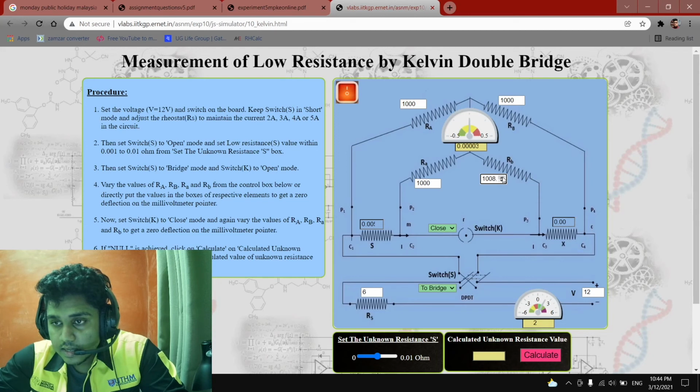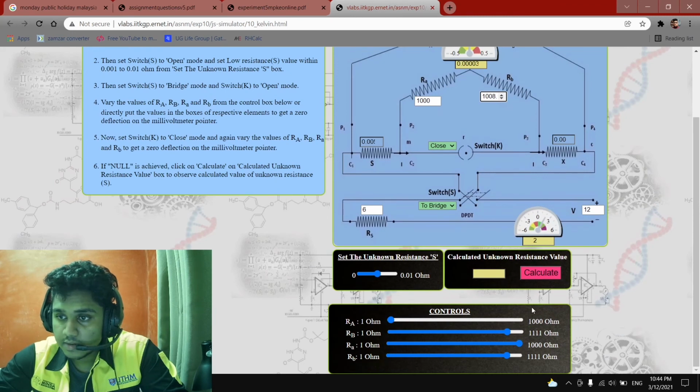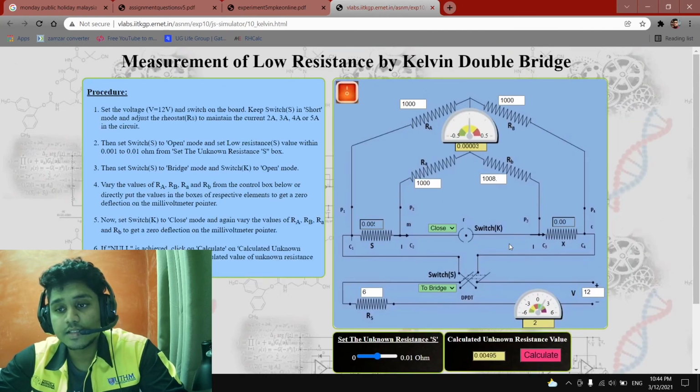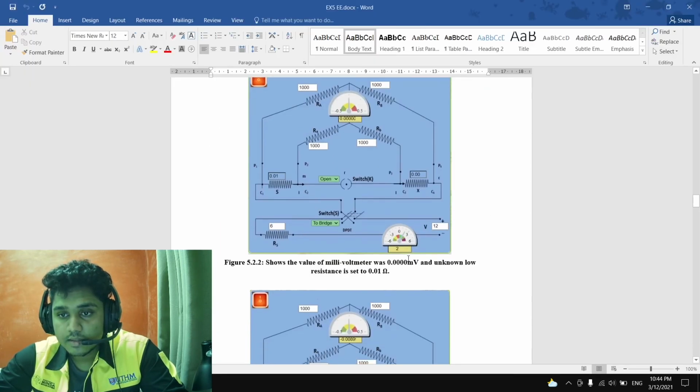It doesn't give us a perfect 0 on the millivolt meter, so this is as close as we can get. When the deflection is 0, we are able to calculate the unknown resistor, which is about 0.00495.